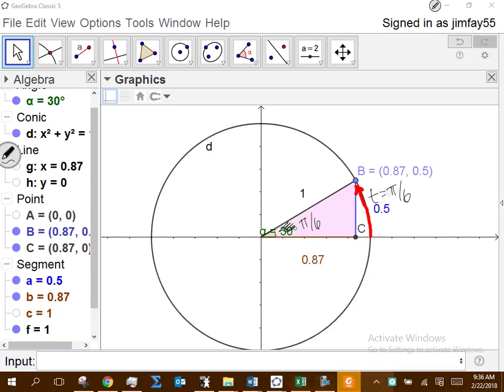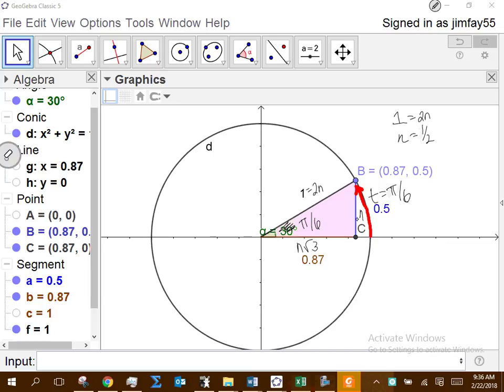Okay. And now for this figure here, where do those numbers come from? Where does 0.87, 0.5 come from? Well, isn't this my 2n inside for a special right triangle? Isn't this my n inside for a special right triangle? My n radical 3 side? So if I have 1, which is my hypotenuse, equal to 2n, does that make n equal a half?